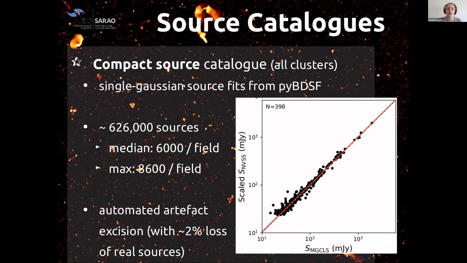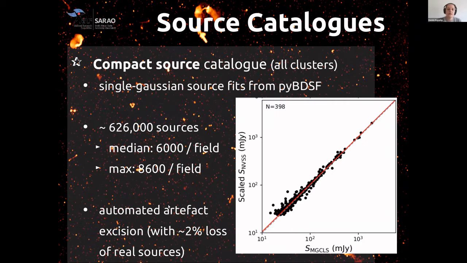This is quite a large catalog. We have 626 thousand plus sources within the catalog, with a median of about 6,000 per field, and the maximum I found was about 8,600. So that's a lot of galaxies, all with primary beam corrected flux densities, surface brightnesses, and source sizes.